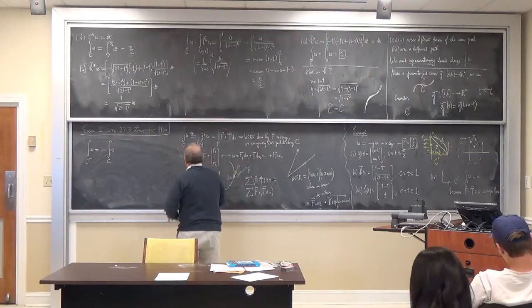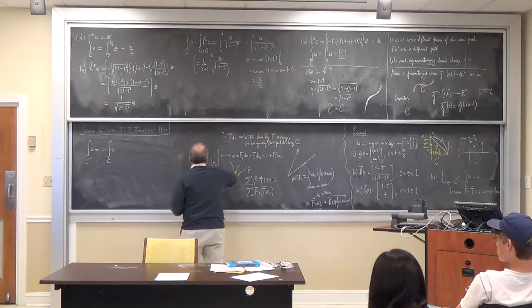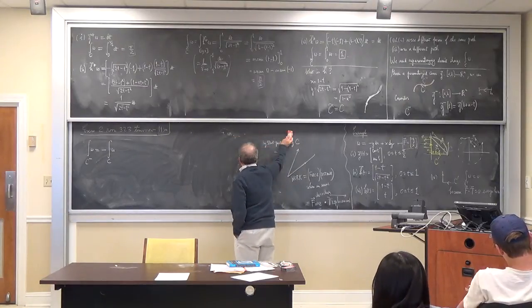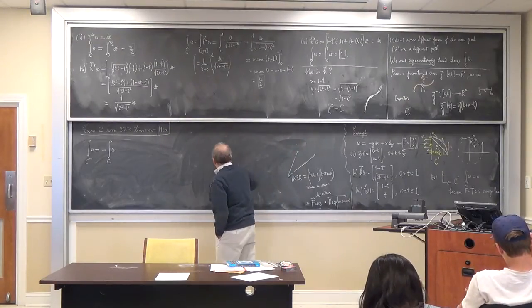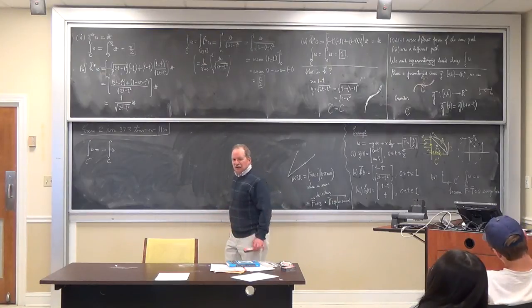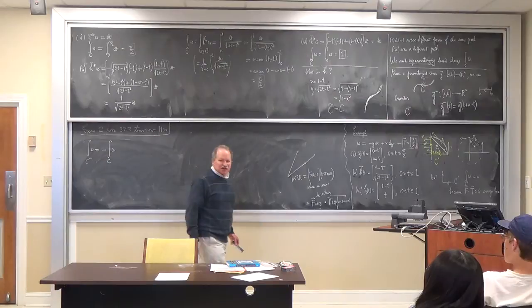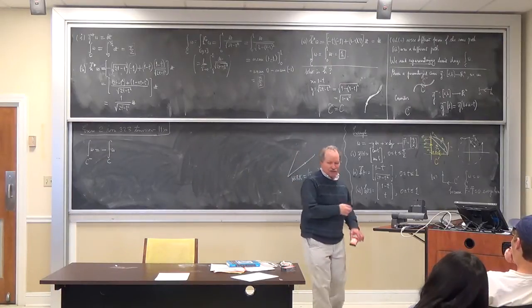All right. So what did we decide? We decided that for that force field, the work depended on path. But surely there are some force fields, you guys have had some physics, most of you, surely there are some force fields that have the property.